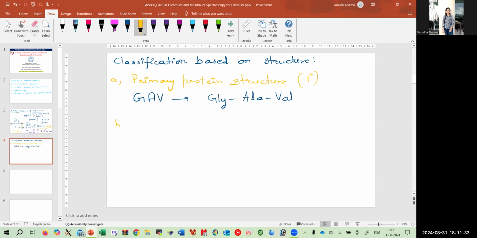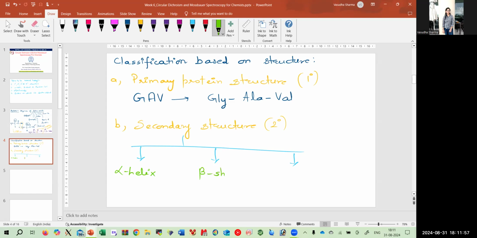Whereas if we talk about the secondary structure, this is further classified into three types. First is alpha helix, second is beta sheet, third is the random coil.